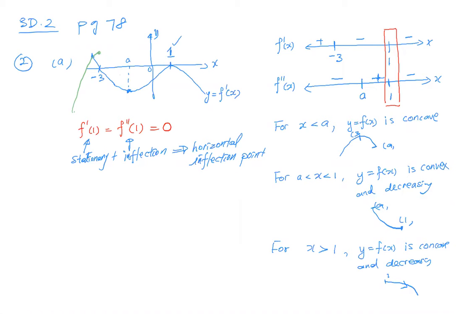Okay, I draw until here. Then after that, it turns convex until it comes to point 1 here. So I just roughly draw convex. So here is the horizontal. Let it go flat like that.